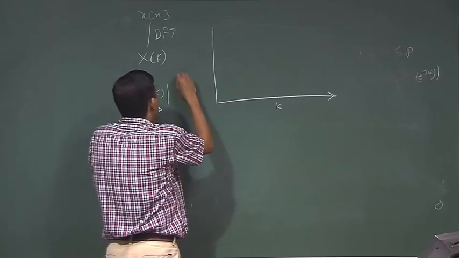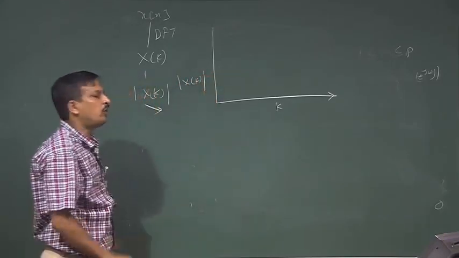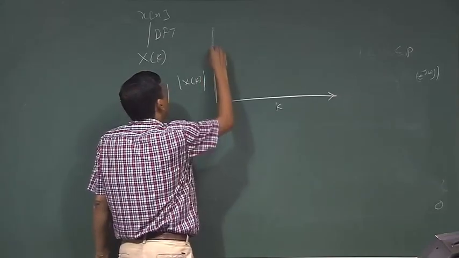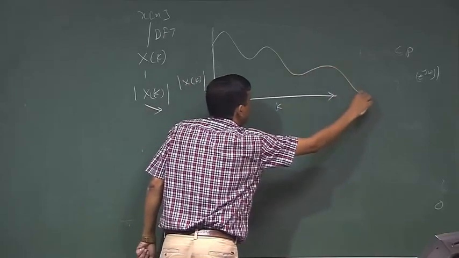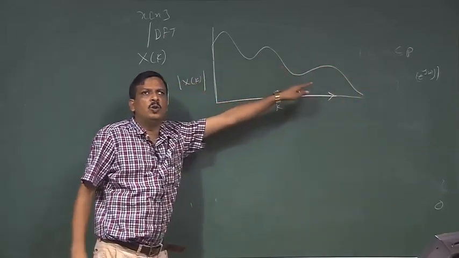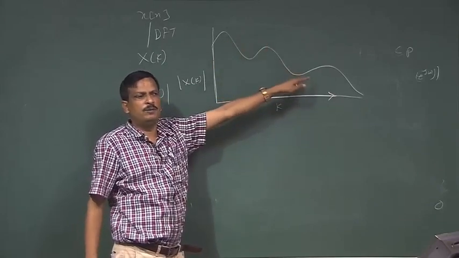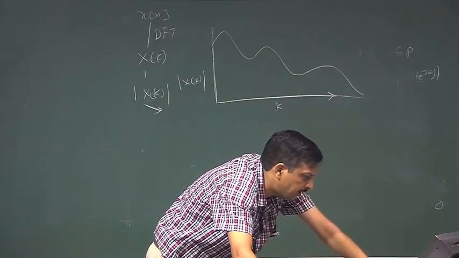So, k equal to 0 I get here. So, I get this kind of speech spectrum. It is not that smooth, I am drawing it smooth. If you draw it real, then you get this kind of speech spectrum.